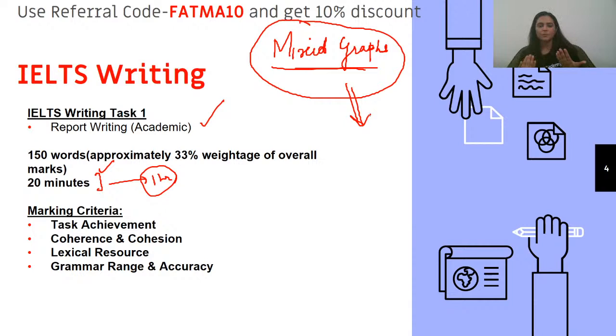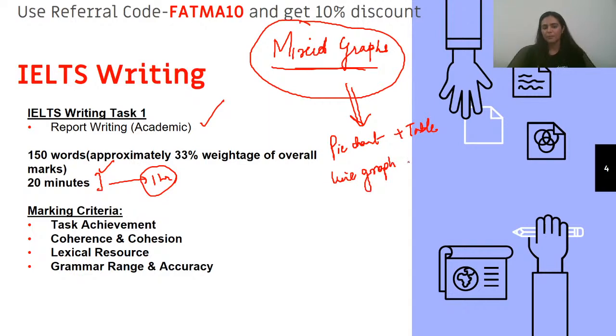So what happens in a mixed graph? You might get a combination of a pie chart with a table. You might get a combination of a line graph with a bar chart. A very common one is the combination of a line graph with a table.